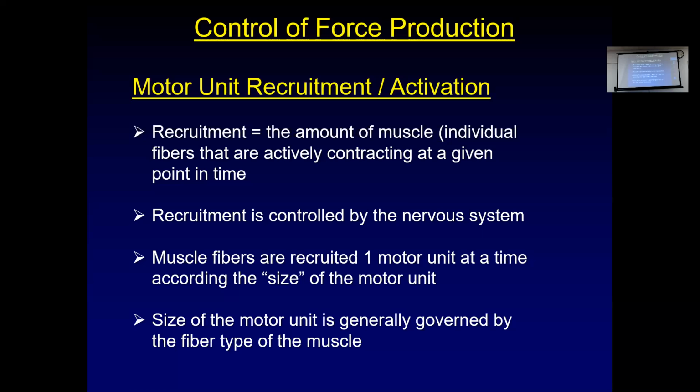So, the way that we control all of this is the brain is going to tell the motor neurons in the spinal cord to fire one at a time, okay? And that may seem strange to you guys, but it's one at a time. It's not like 1, 2, 3. It's like 1, 2, 3, 4, 5.